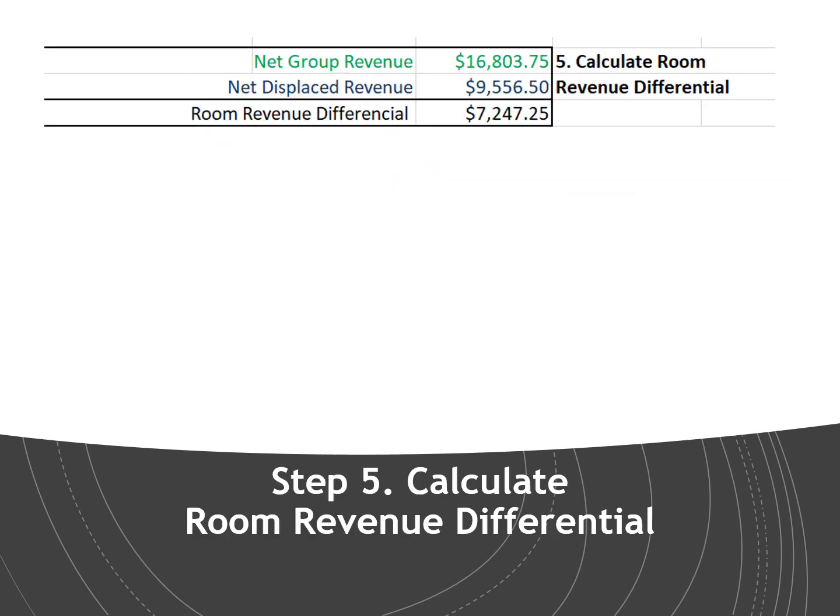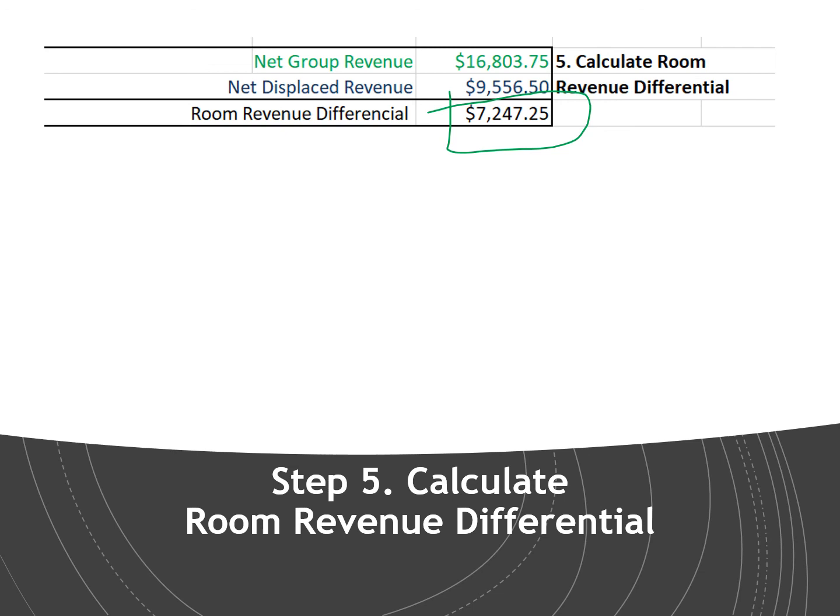Okay, so now we can take that net group revenue. You have to do group minus displaced because that's going to give you an accurate number. Okay, in this case, we have $7,247.25 as our differential, which means that if we were to take this group, on the rooms alone, we would come out $7,000 ahead.